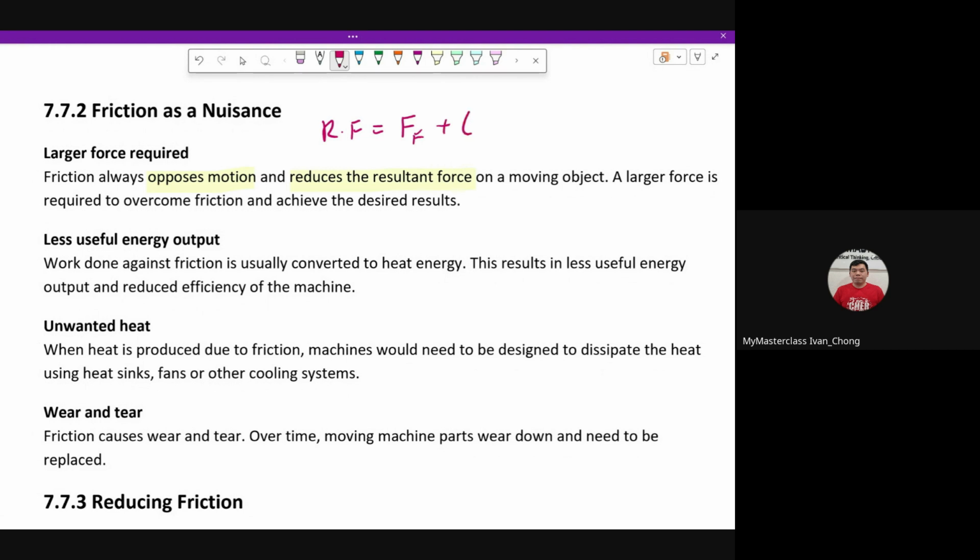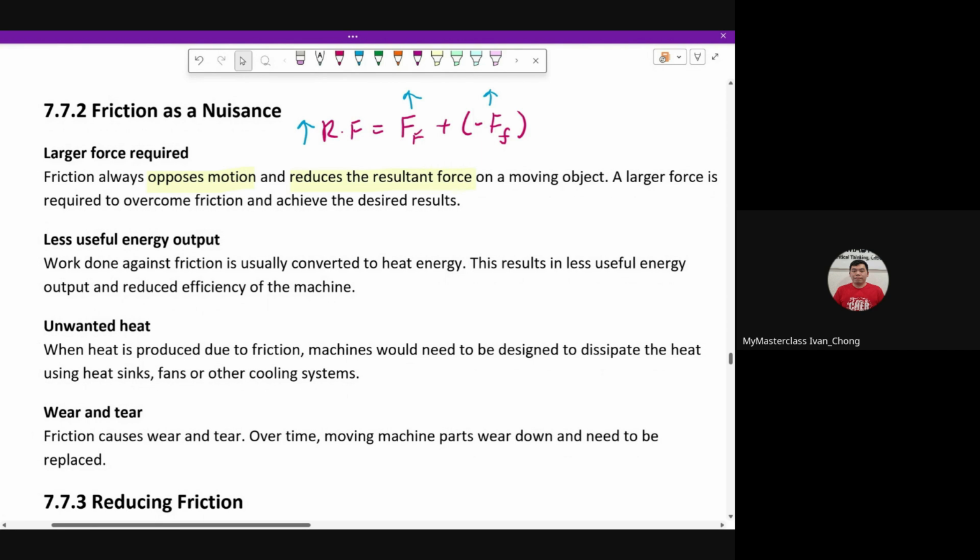You will plus a negative frictional force. So what happens is basically the more negative frictional force you have, the more force you need to do a certain action. So if you have a lot more frictional force, you will need more force to overcome that increase. Okay, so just be careful.